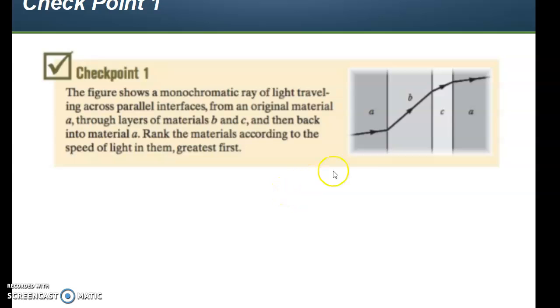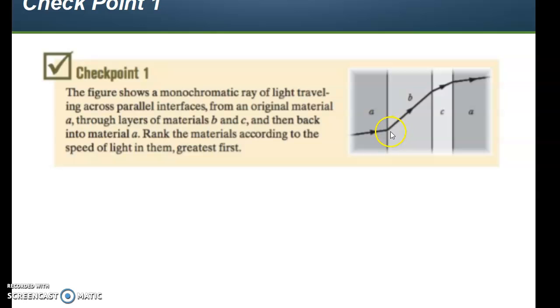Now, this figure right here shows a monochromatic ray coming in at A, and it's going through one type of medium here, another type of medium here, and then back into A. Okay, and so rank the materials according to the speed of light in them, with the greatest first. So you see this has a fairly large refraction here, doesn't it? And this right here has less than this, and this has less than this one.